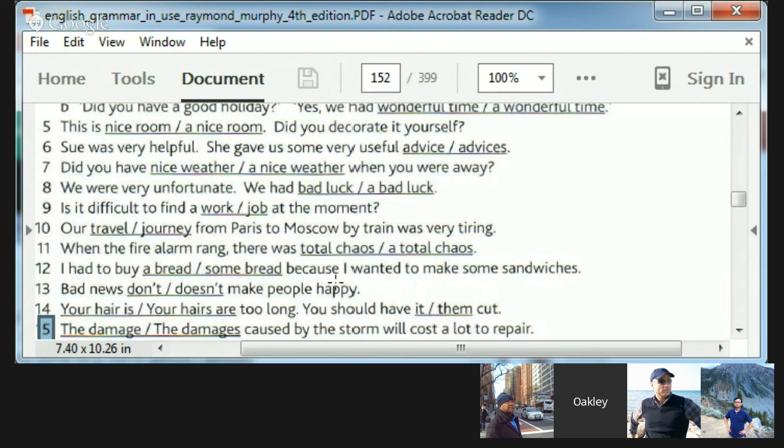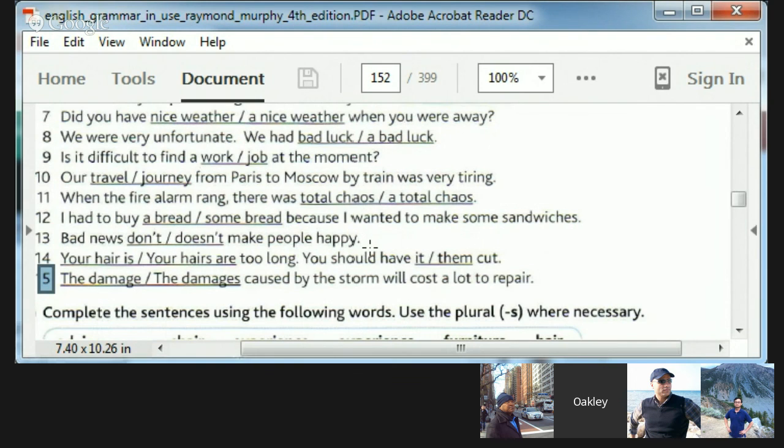Actually, I'm not sure. The damages caused by the storm will cost a lot to prepare. Yeah, I'm not sure either. Honestly, I'm not sure either. But I'm thinking the damages. Yeah, because the storm will make a lot of damages.